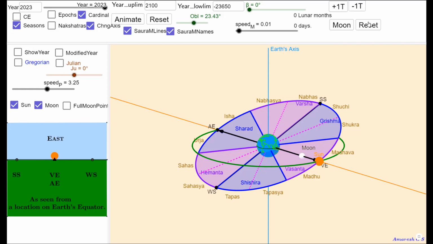See if you can understand the scenario. So the sun determines the season, but we are using the lunar calendar, the lunar day, lunar month to communicate the season. And therefore, we need to synchronize.